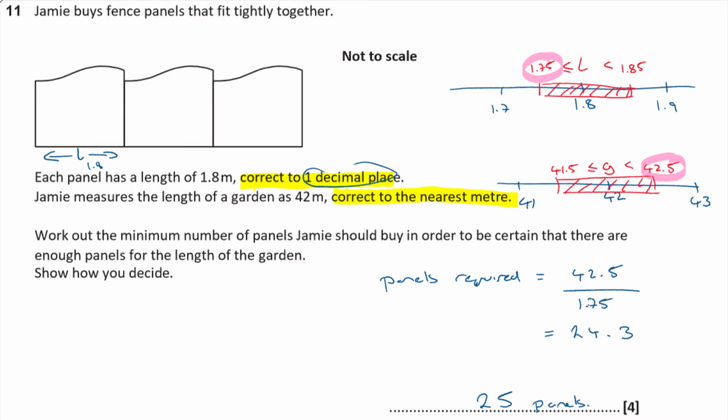Now if you'd just divided 42 by 1.8, you would have got 23.3, which you'd be tempted to round up to 24, and you've got the answer wrong. So it's 25 panels and not 24. And like I say, if you can't figure out which limit to use, just divide all four and check them all. You'll find which one is the highest or the lowest.